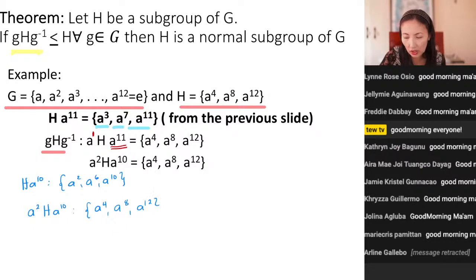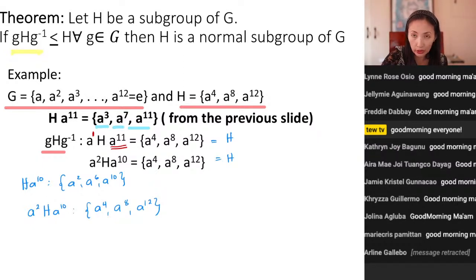Is this H? Yes. So here we ended up with H. Therefore, H is really a normal subgroup of G.